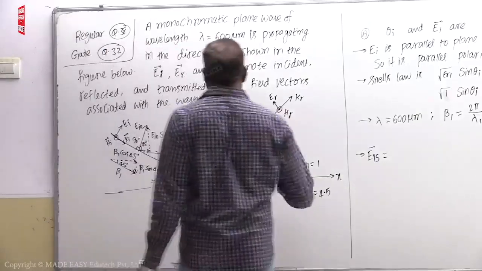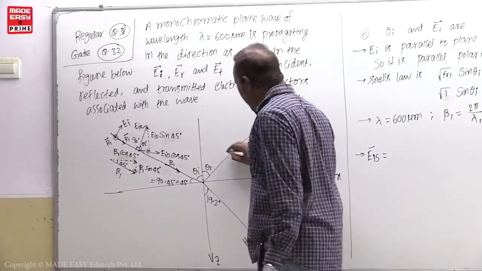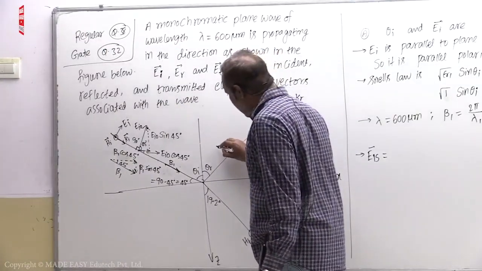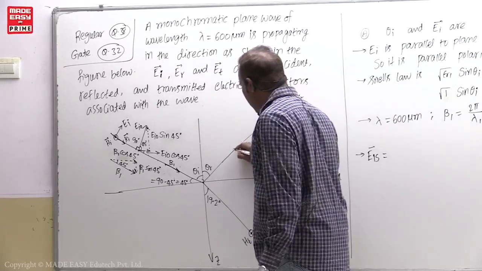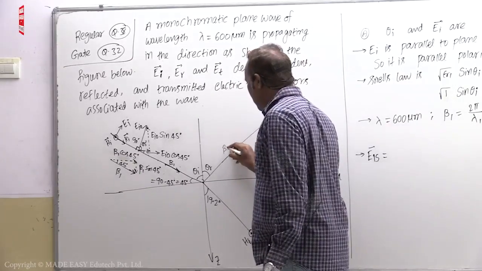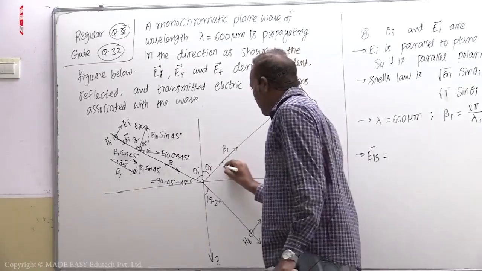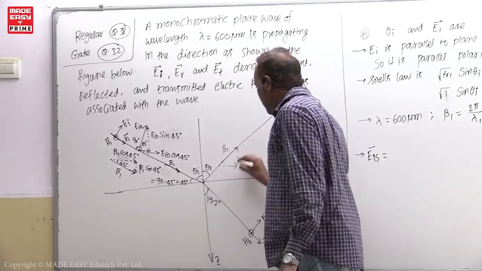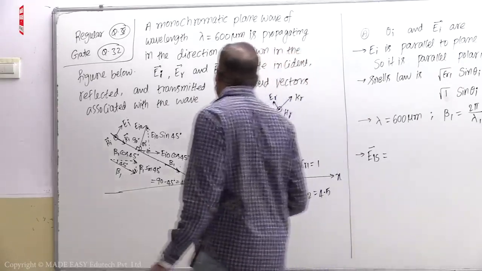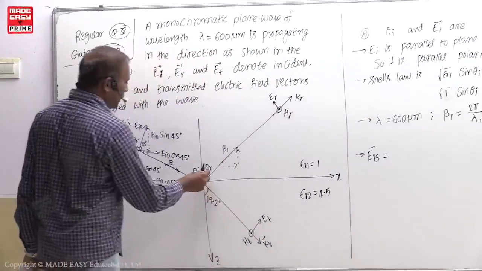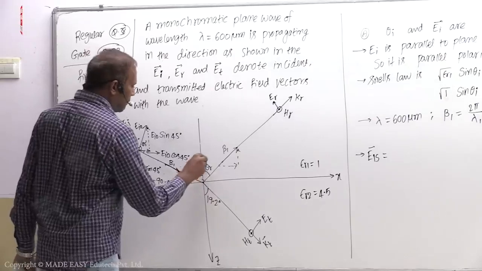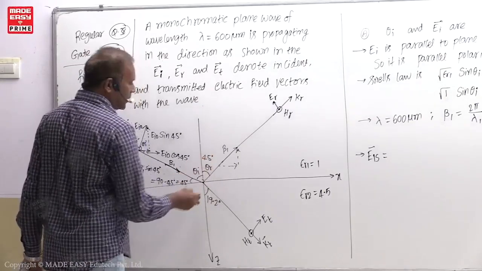So similarly, for the reflected wave, here I will take first beta. This is also beta 1. You know why? This is in medium 1. In medium 1, that is beta 1. So this is like this. And theta r and theta I both are equal. So that is also 45 degrees.